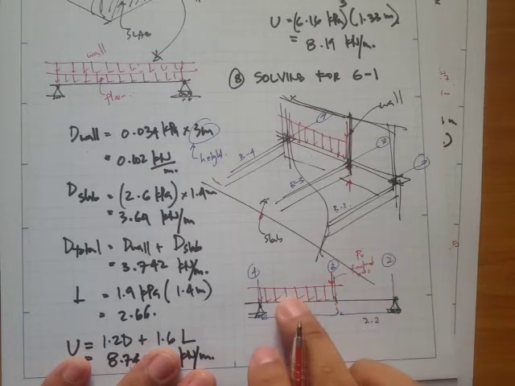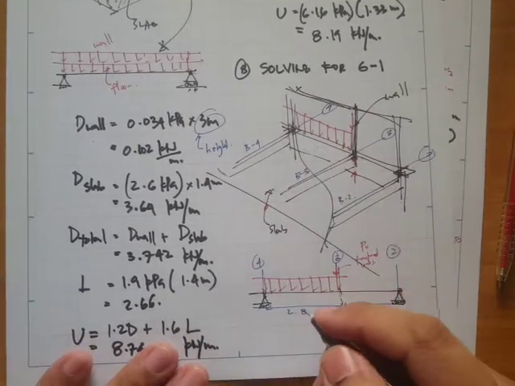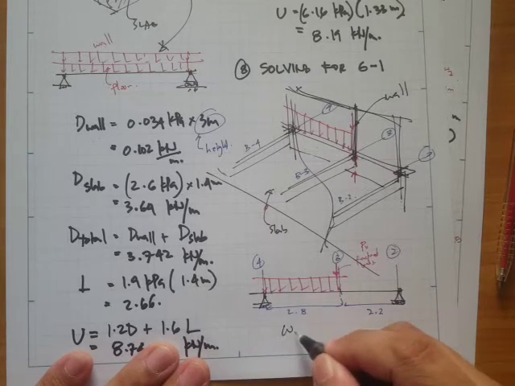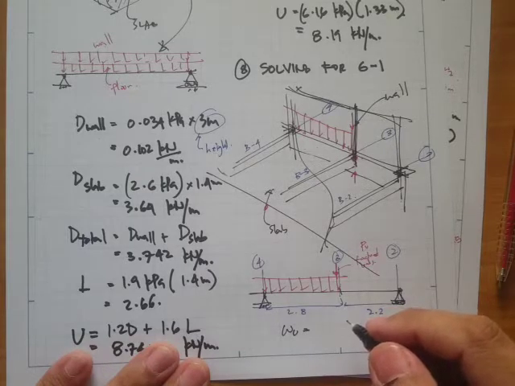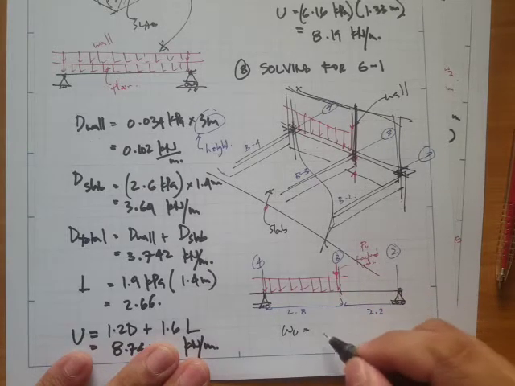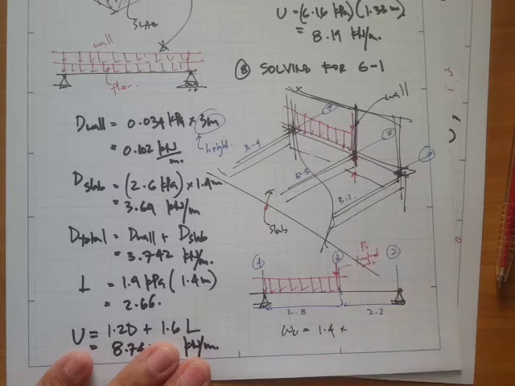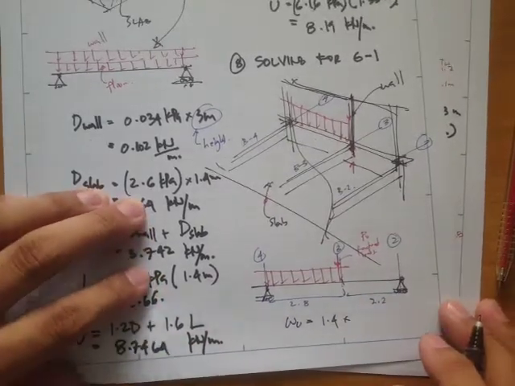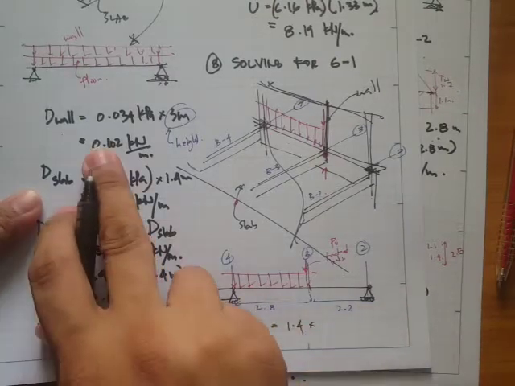Now what we need to solve is the dead load of this wall. Since it's just dead load, we'll use a load combination of 1.4 dead. So 1.4 times the dead load, which is 0.034, or something like this.